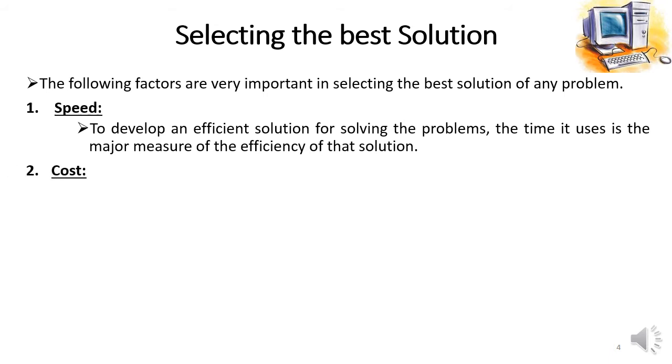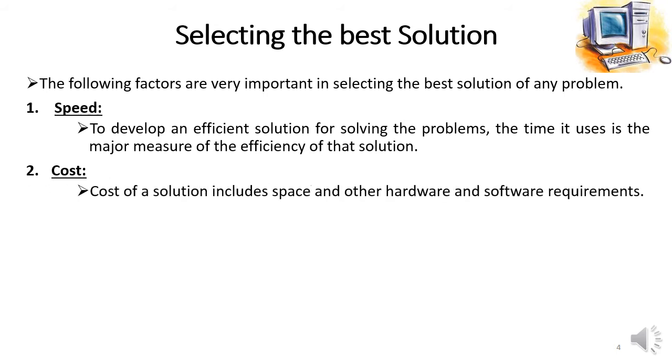Second, cost. Cost of a solution includes space and other hardware and software requirements. In simple words we can say cost means the expenses, or the money and the resources which are required for the solution, whether those expenses are affordable for a person or not.